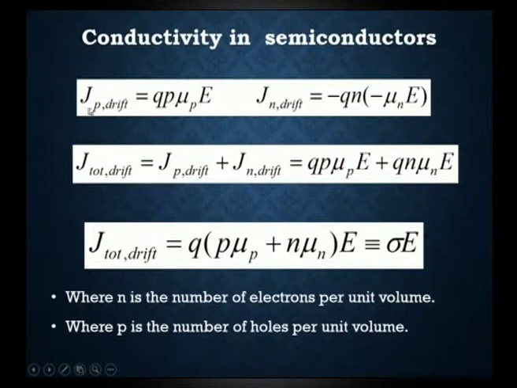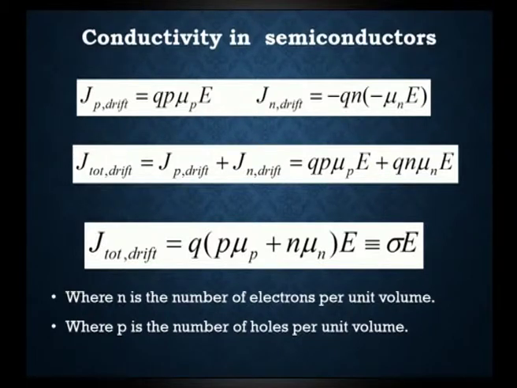So, this is the current density in p type, and the drift is equal to q p mu p. Similarly, we can express this for n type also, where the minus indicates the negative n type material. The total drift current will be the sum of p and n types, which we need to consider for a semiconductor.